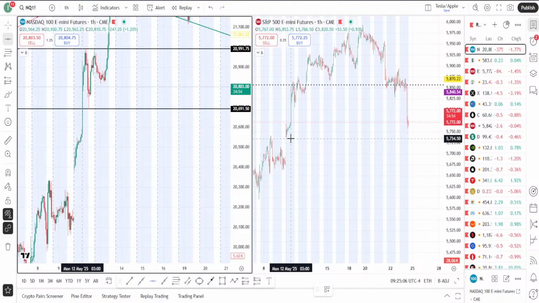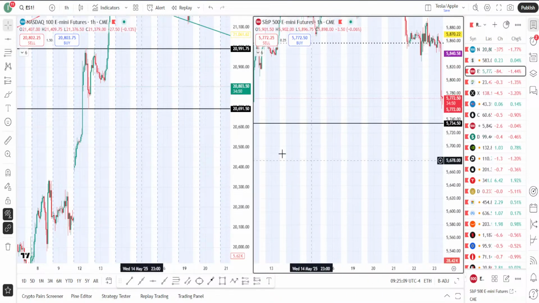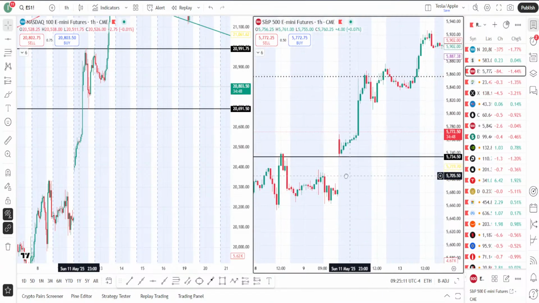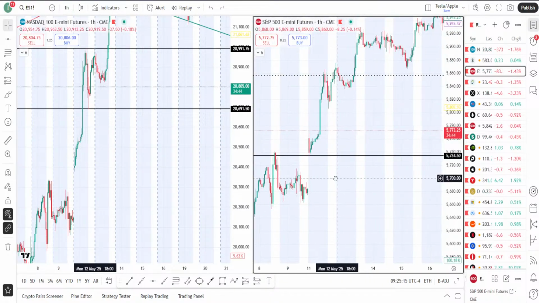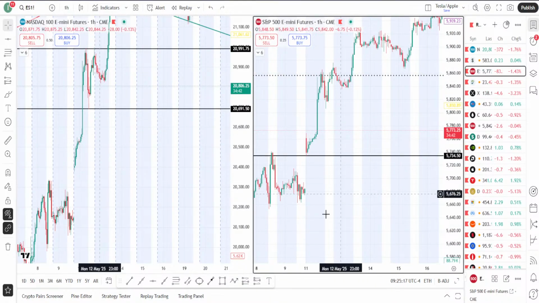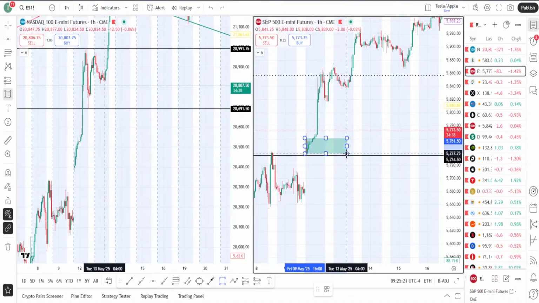So let's mark support before the gap. I guess we could use this as an order block here.